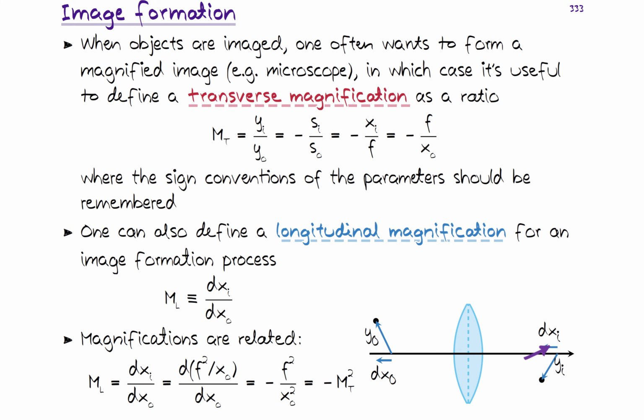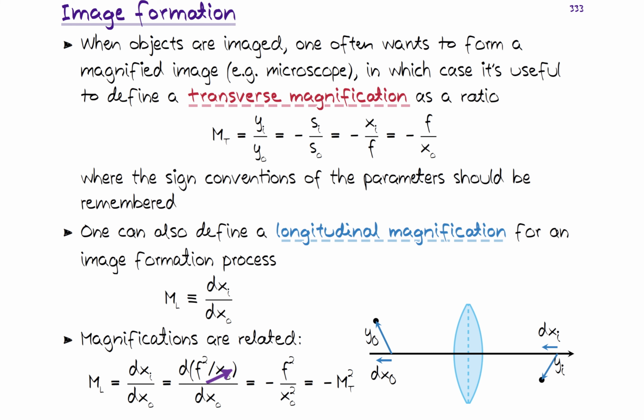So essentially with their ratio, I can define how much my imaging instrument will be magnifying things with respect to the longitudinal direction, so basically along the optical axis. And into these magnifications, I can plug in my equality for xi, which was basically equal to f squared divided by xo. So basically I'm taking f to the other side, so that's what I have.